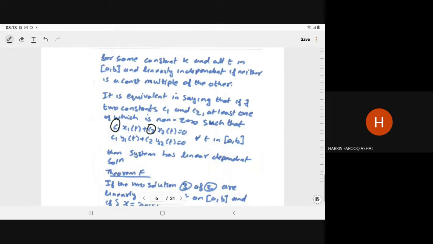Either you can compute from the linear combination, or from the constant multiple of one solution to the other, to decide whether they are linearly dependent or independent. Only when they are independent can you say their linear combination is the general solution.